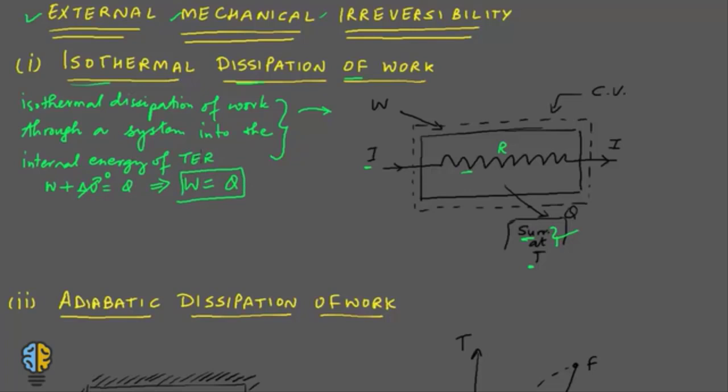Now the flow of current represents the work transfer. So this input work is the work transfer into the system. Now at steady state, the work is dissipated isothermally into heat transfer to the surroundings. So you put in some amount of work with the help of the current flow through the resistor, and this work input gets dissipated in the form of heat, and that heat goes to the surroundings, which is at a steady state and a constant temperature.